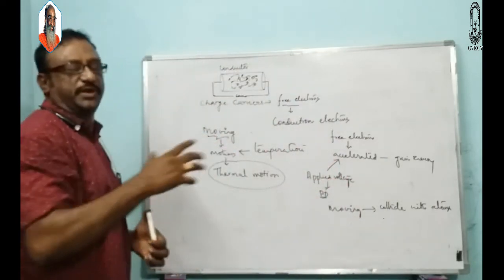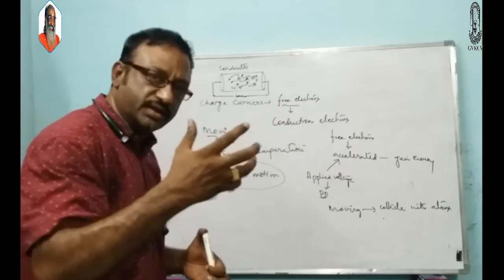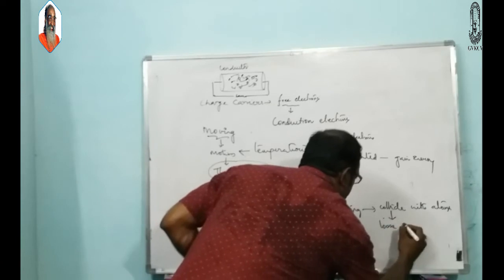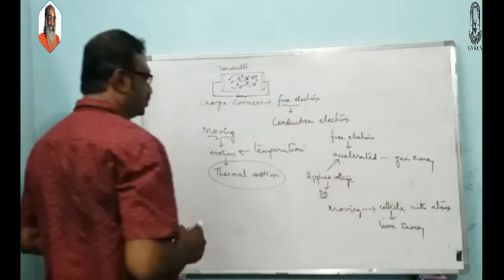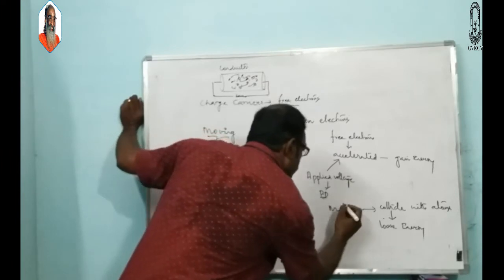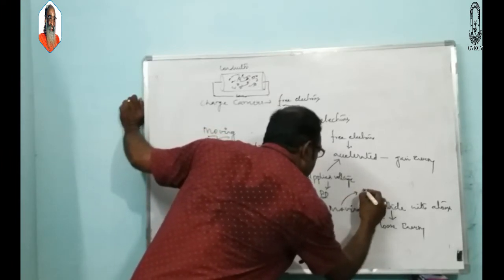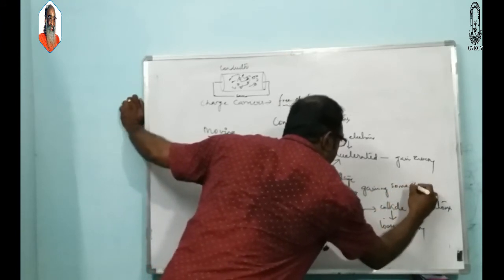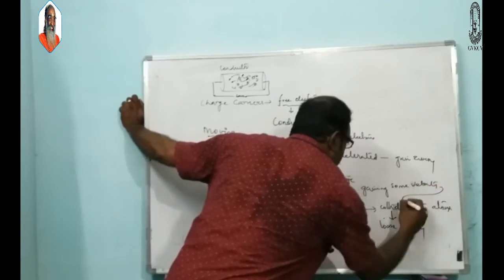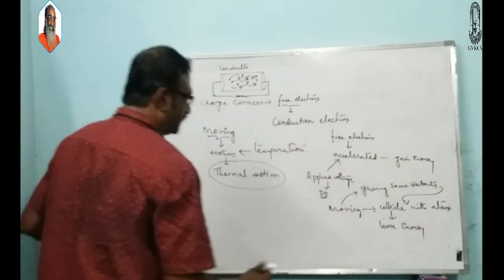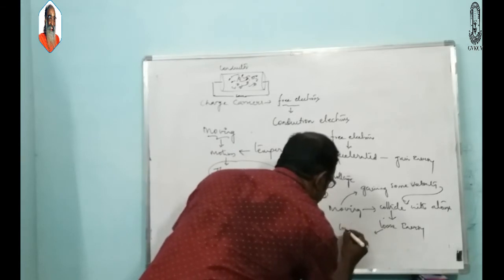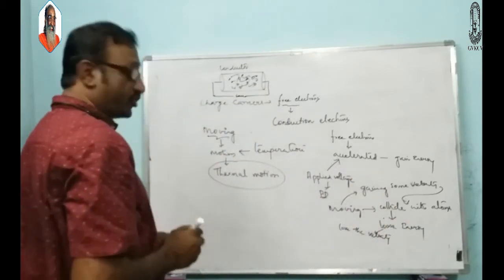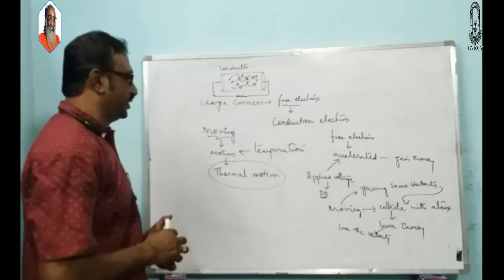Usually when the collision takes place, after colliding they will lose some energy. One thing we have to understand here: when they are moving, they gain some velocity, and then the collision takes place. After collision, they lose energy and again lose velocity.